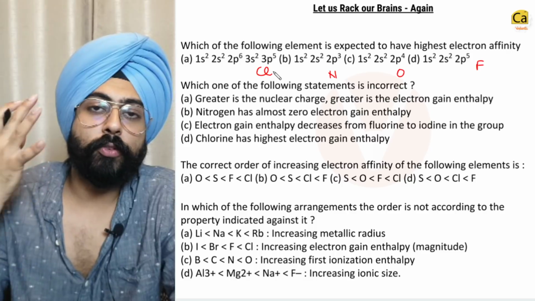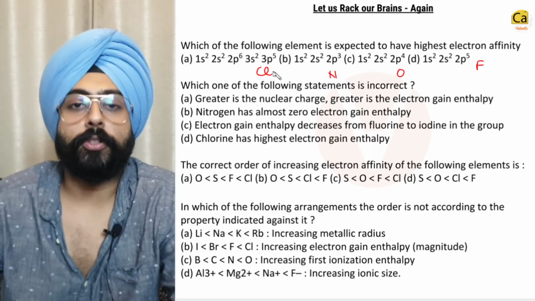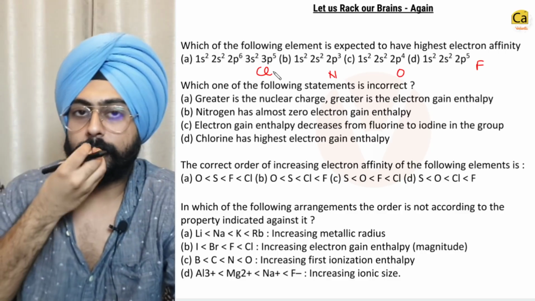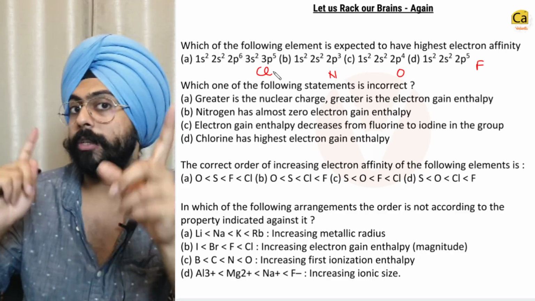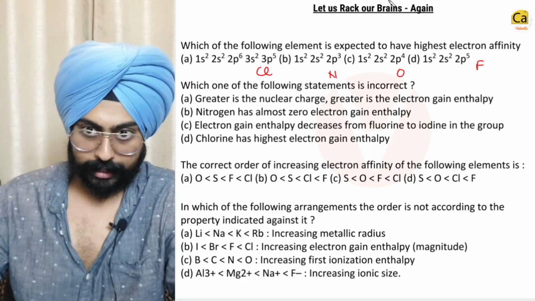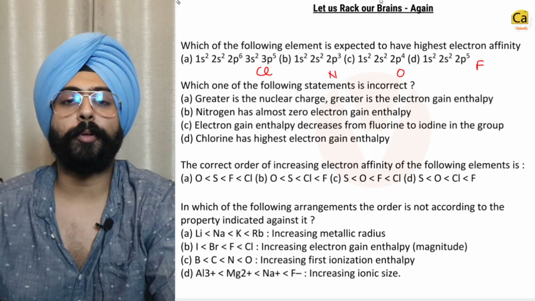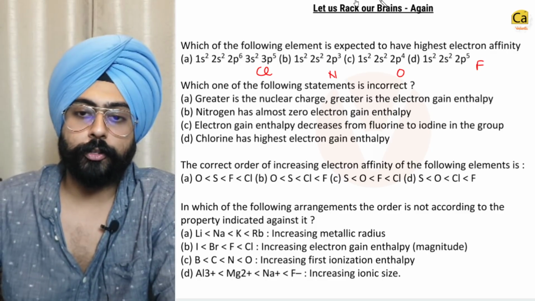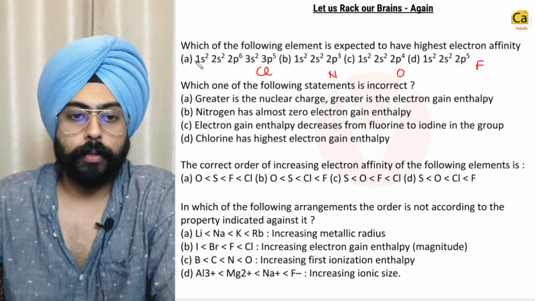The magnitude of electron gain enthalpy for chlorine is more than that of fluorine, because fluorine faces these electronic repulsions and it can't accept the electron as happily as a chlorine. Cool. So chlorine is the most electron affinity wala element in the periodic table, and hence our answer is option number A. Got it? Cool.